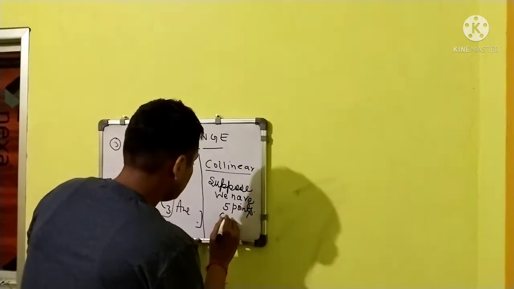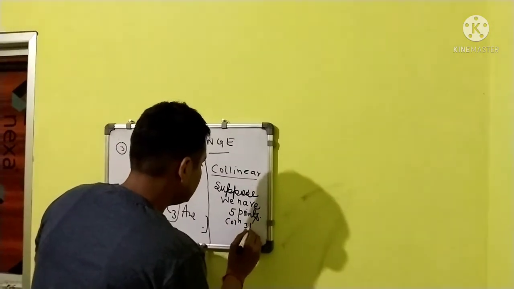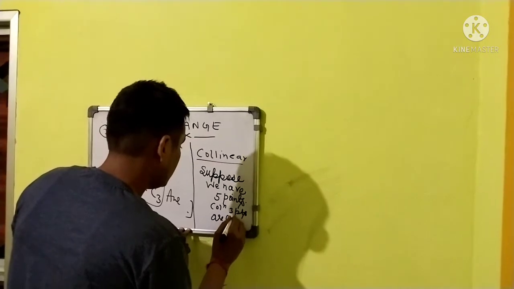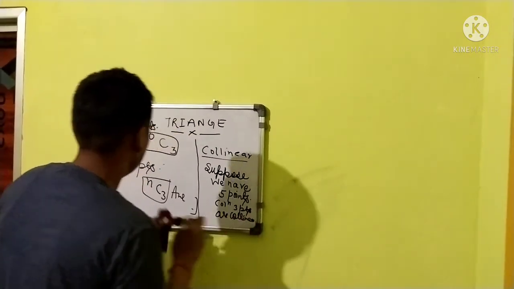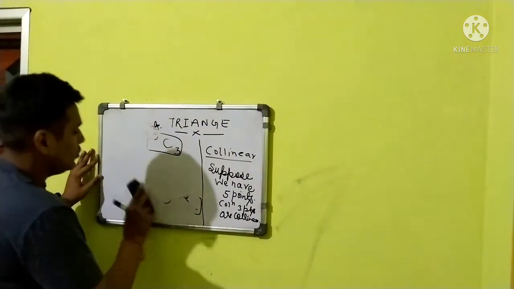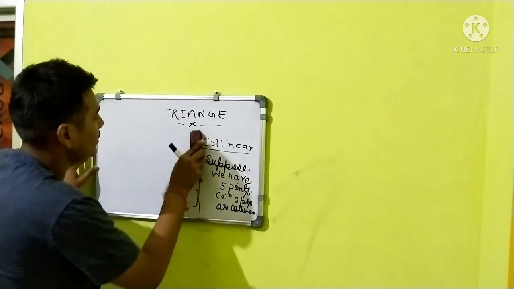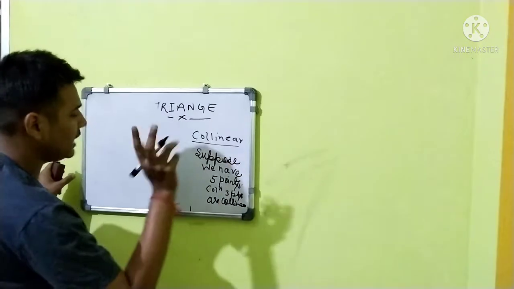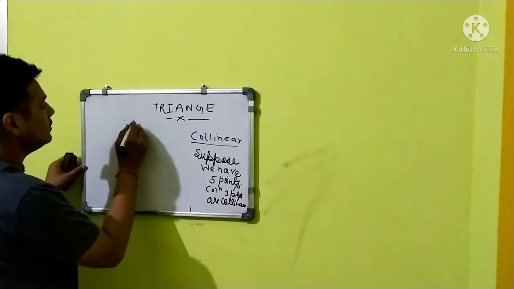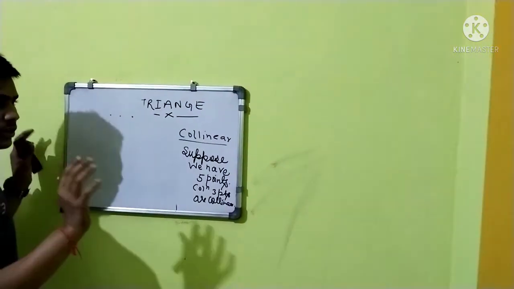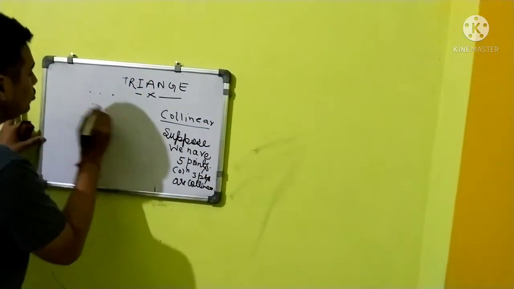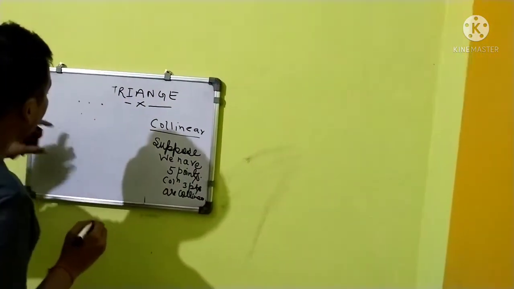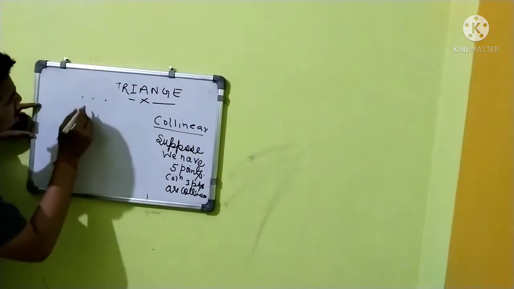The condition is that 3 points are collinear. Let us draw the figure. We have 5 points in which 3 points are collinear, and these 2 points are non-collinear. Let us see how many triangles can be drawn by taking these points.